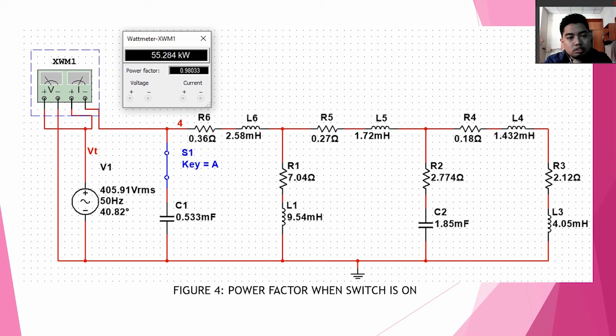Next, when the capacitor of value 0.533 millifarad is placed, which means we apply power factor correction on the circuit, the power factor increases to 0.98, which is nearly 1. That means the closer the power factor is to 1, the higher the power efficiency of the circuit.